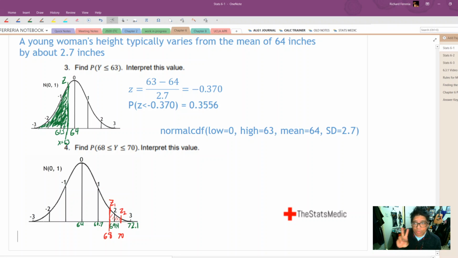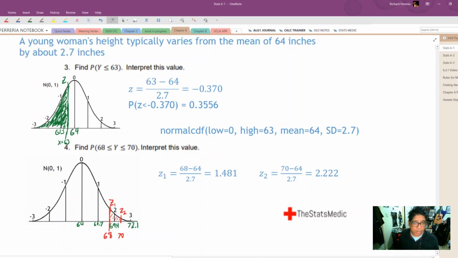Now, we have two z-scores to deal with, so I'm going to call them z1 and z2. Next part of this is to put in our two equations. The first of those equations are the z-scores. These are pretty easy to compute. Notice that I get a 1.481 and a 2.222. After we get our z-scores, we do our probability.